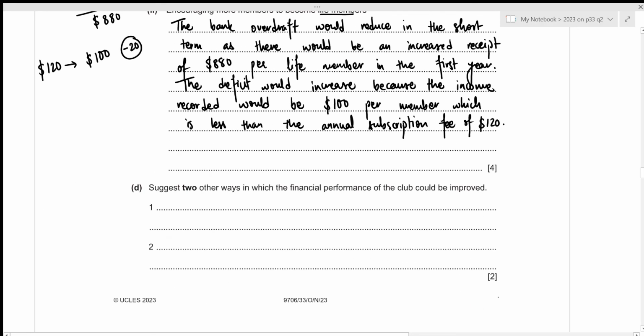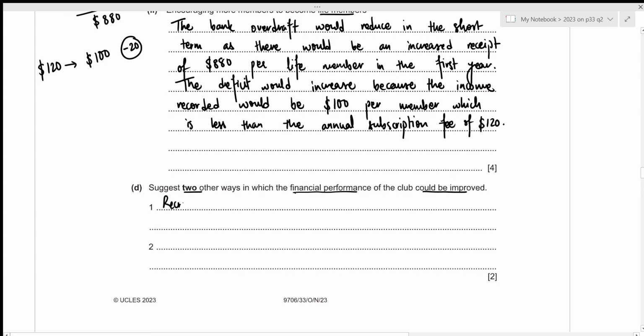Alright, now for the fourth one, we need to suggest two other ways in which the financial performance of the club could be improved. So the very first thing is that we might recruit new members so that our subscription fee for the year will be increased, which means that our deficit might turn into surplus in the future period.